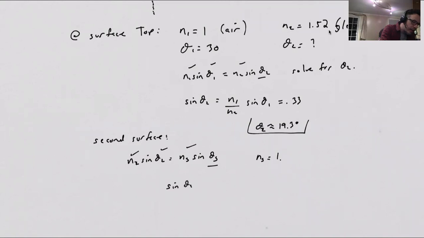So the sine of theta 3 is going to be 1.52 divided by 1 times the sine of 19.3 degrees. If you don't believe it, just crunch it away in your calculator. Sine 19.3 times 1.52 gives us 0.5, and then we take the inverse sine of 0.5, and what do you know? We're back to theta 3 being 30 degrees.